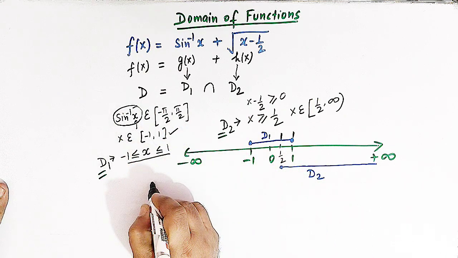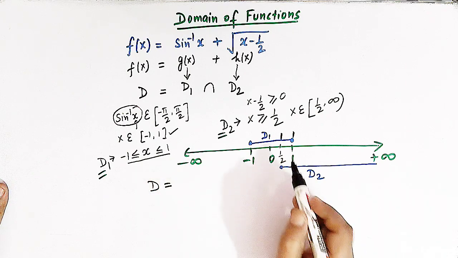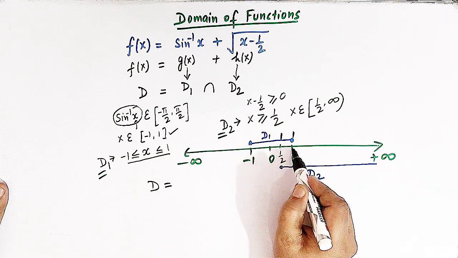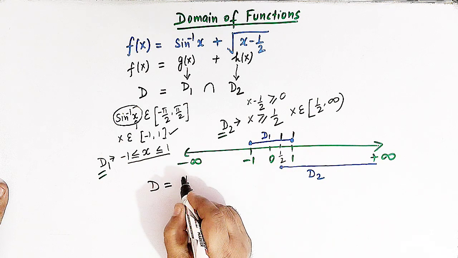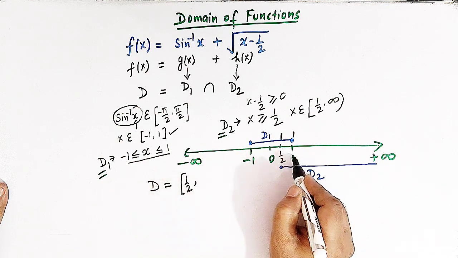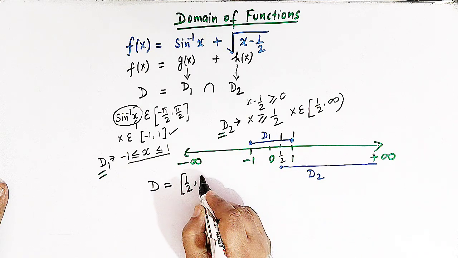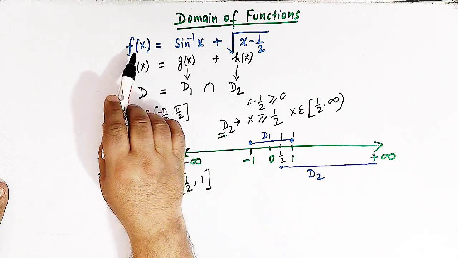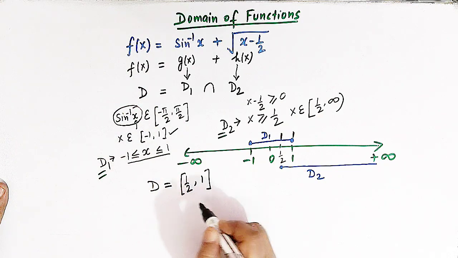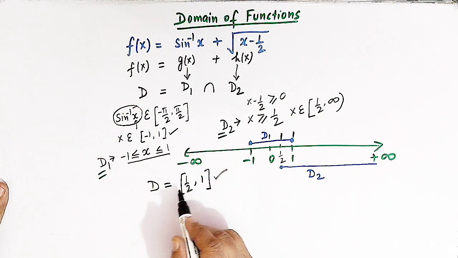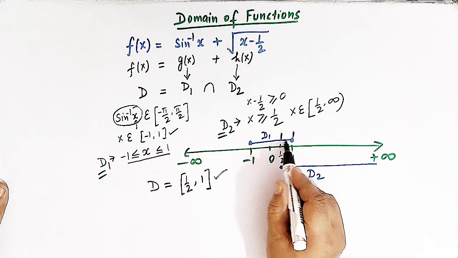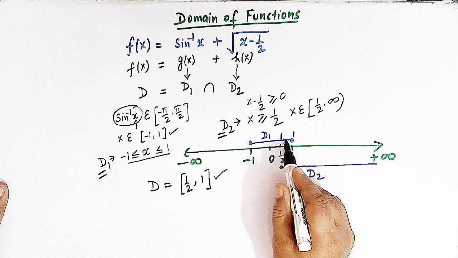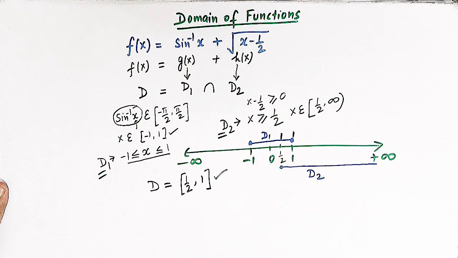So d can now be written as from half to 1, where half is included and 1 is also included. So the domain of this function f of x is given by this interval, from half to 1, because this region is the only region common to both d1 and d2.